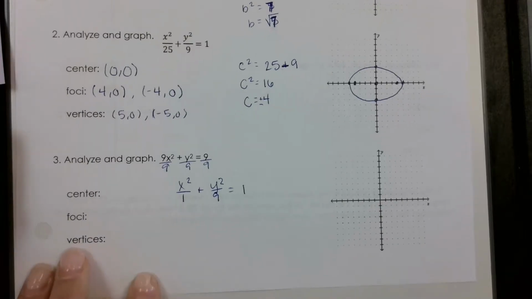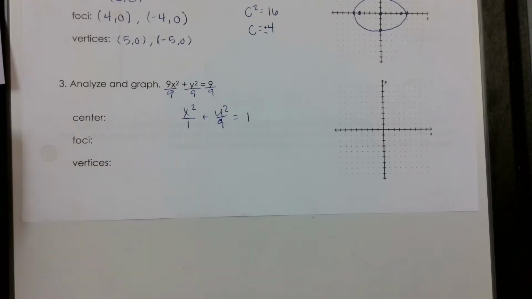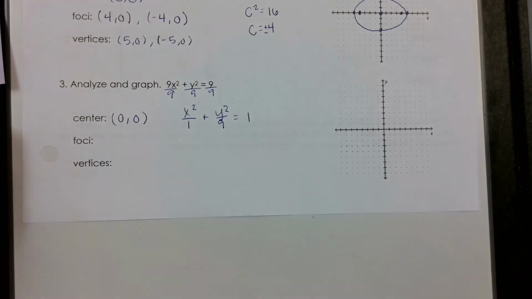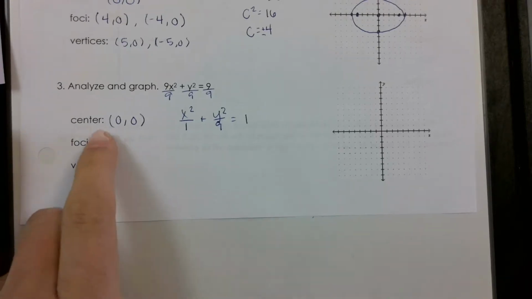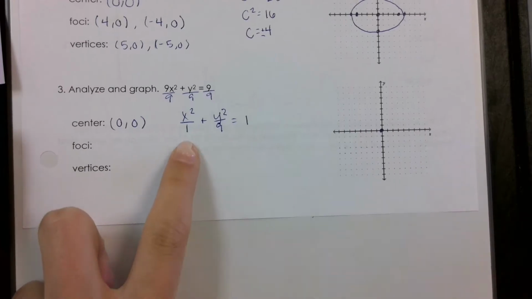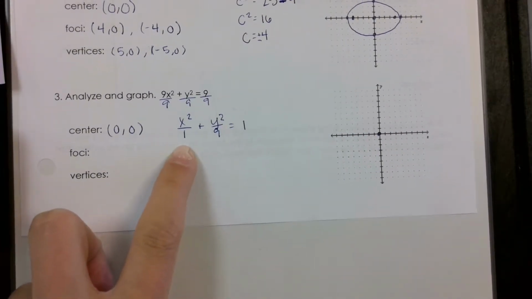Where is your center going to be this time? Since we've got just x squared and just y squared, it's the origin, so 0, 0. At this point, I think it's easier to go ahead and graph it. So we'll put our center at 0, 0. In the x direction, what's the square root of 1?